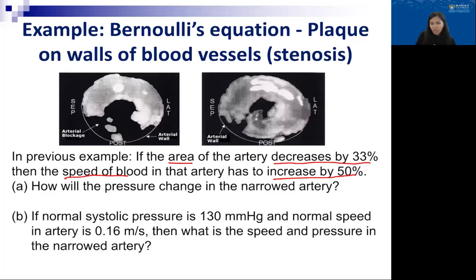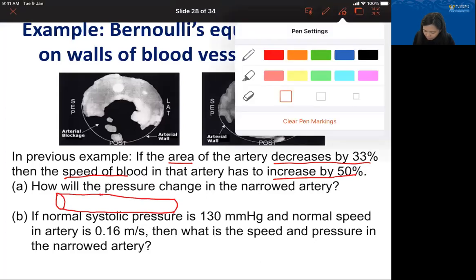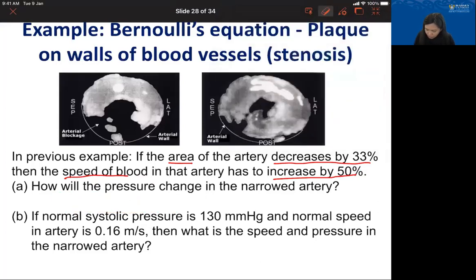Right. So we can assume that the artery is just along the same height. So you have here the normal artery. Yeah, let's just assume that the artery is all horizontal. Let me draw it better.